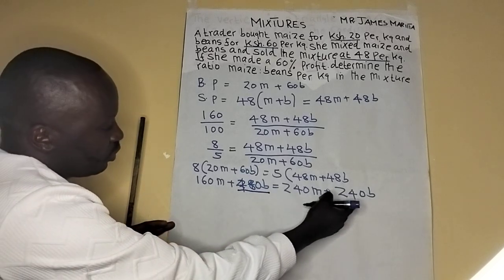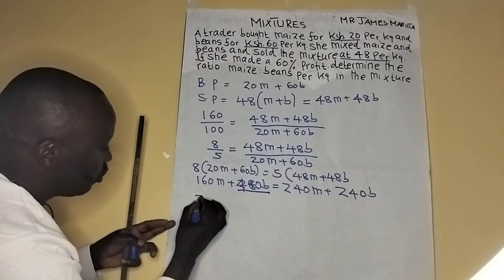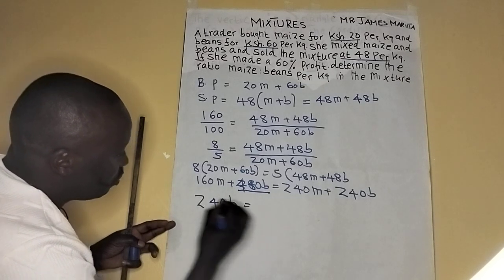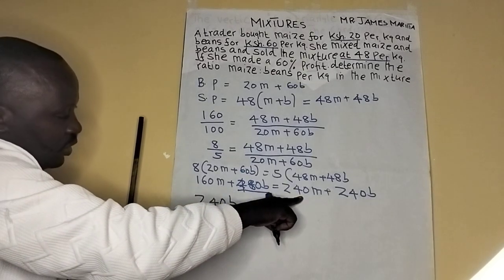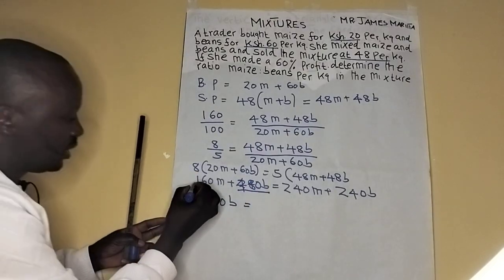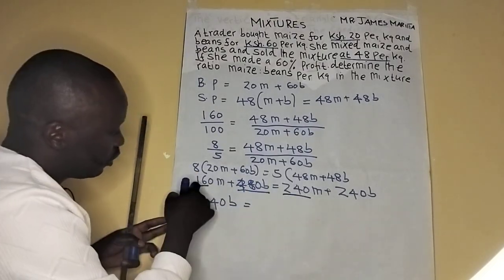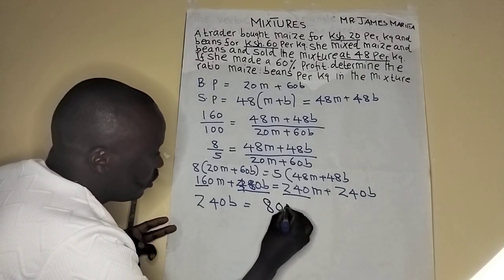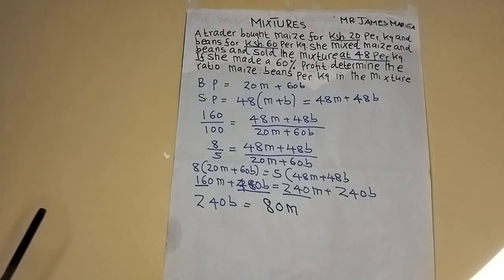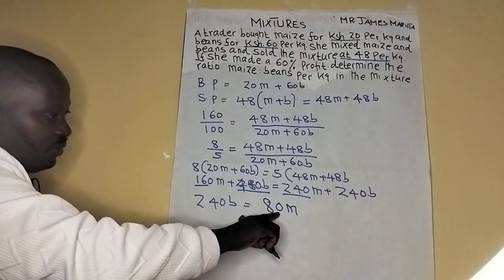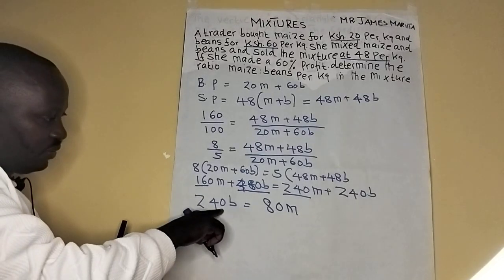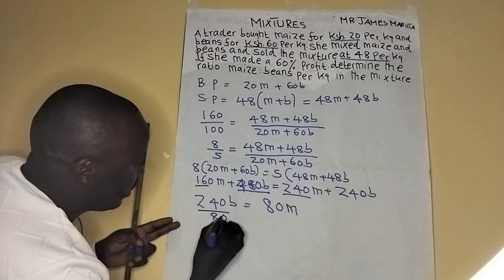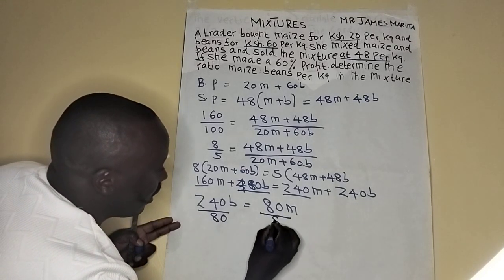On this side we remain with 480P minus 240P, which is 240P, equal to 240M minus 160M, which is 80M. We can divide both sides by 80.